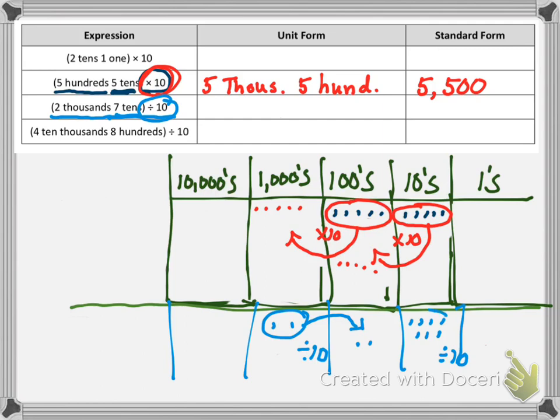This was 7 tens, that's a 70, right? And we're dividing by 10. It now becomes 7 ones. So now this becomes 2 hundreds 7 ones, which looks like, in standard form, 207.